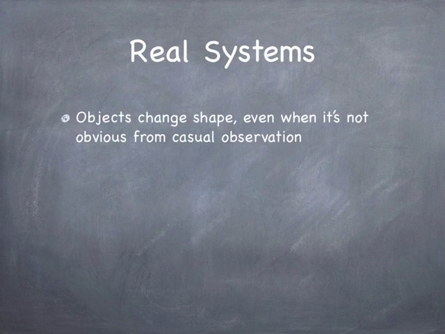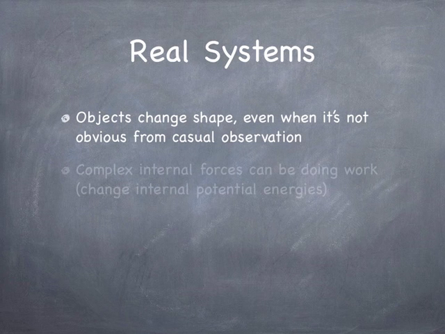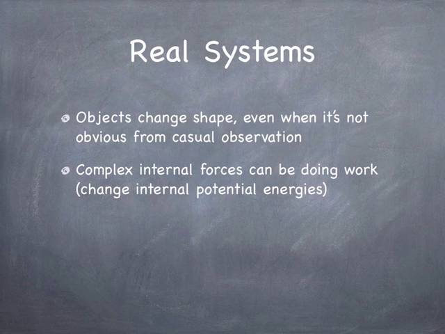First of all, I want to point out that objects can change shape, and we've never dealt with that so far in this course. The fact that an object can change shape during the course of some process, we need to be able to figure out how to deal with that. Internal forces can do work, and they can change the internal potential energy in that way.